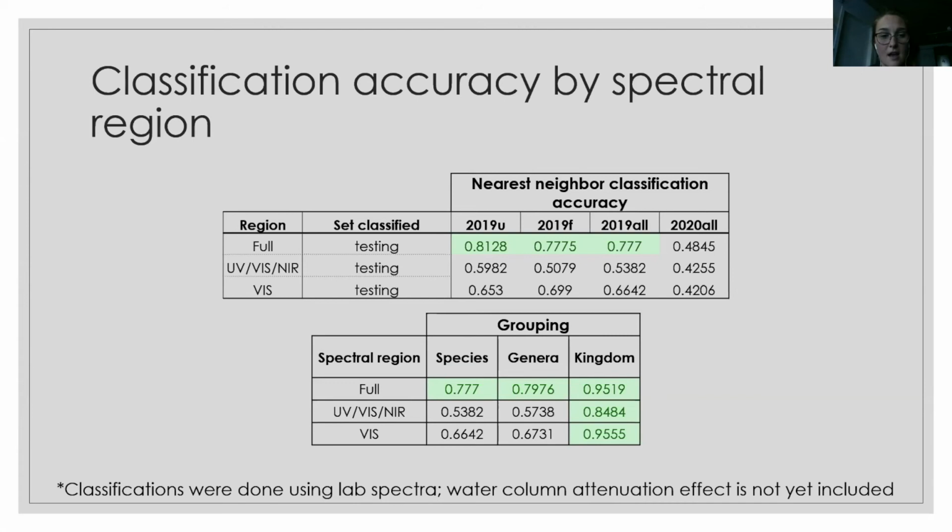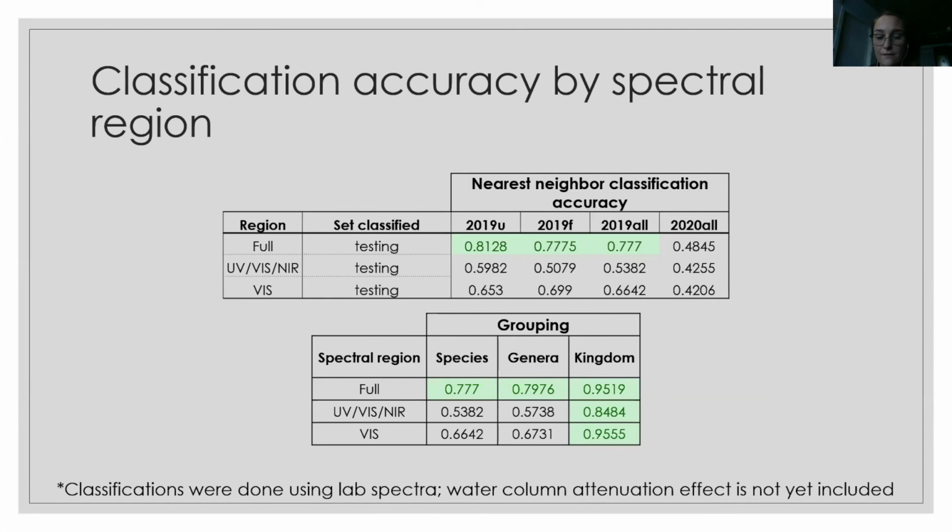Makes sense. But using either the UV, vis, and near infrared, which would be the different water types one, or the visible one, which is for different depths, you still get pretty reasonable classification accuracies between 50 and 70%, which again, is trying to distinguish between 13 different species, a pretty complex classification problem.